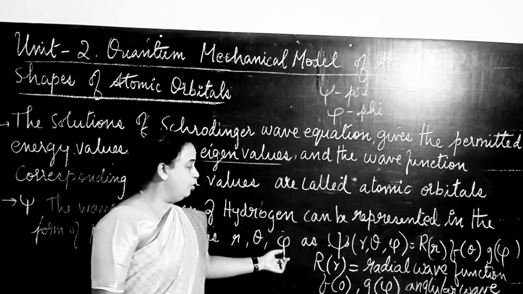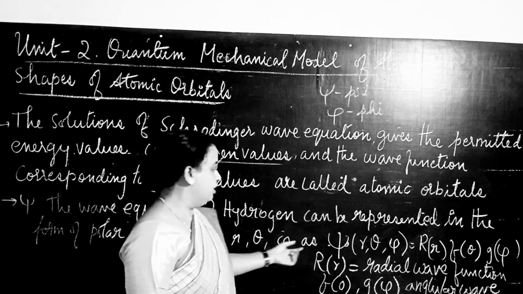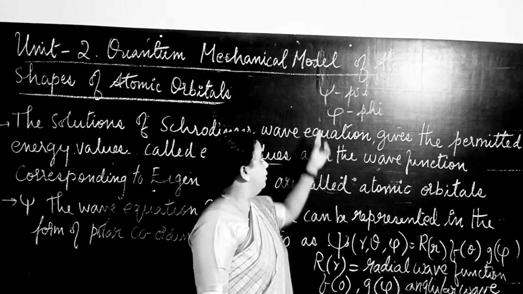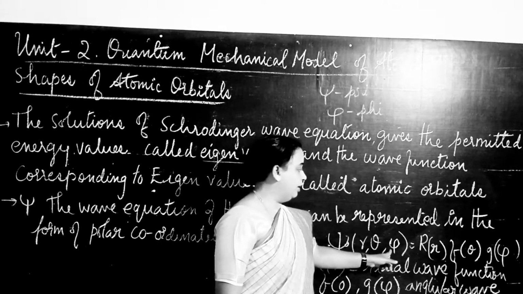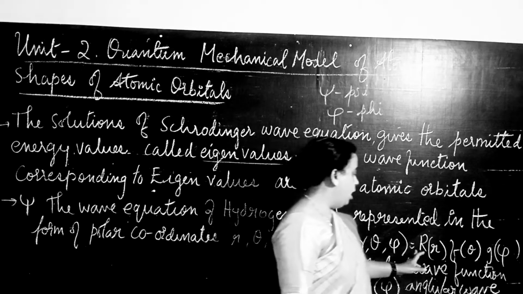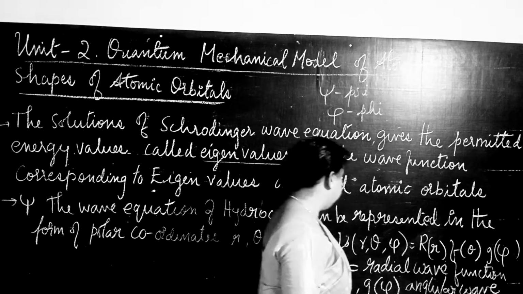phi. So when we represent these coordinates, psi of r, theta, phi is equal to R of r, f of theta, and g of phi.